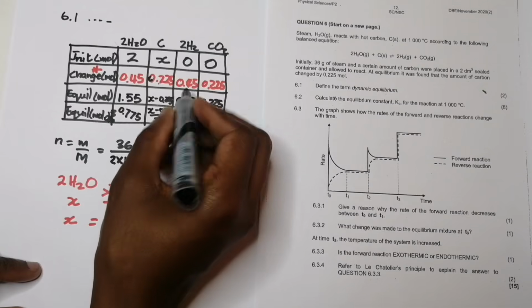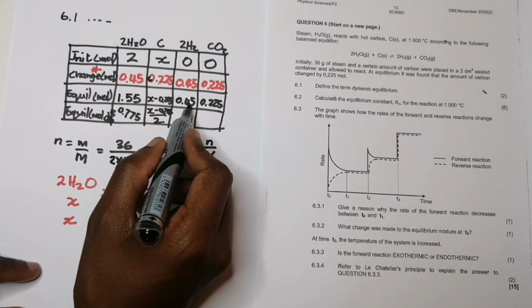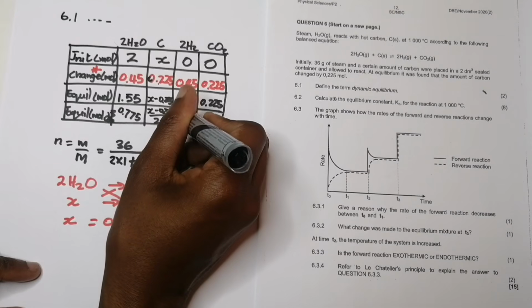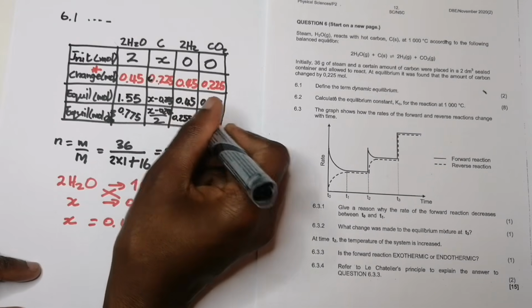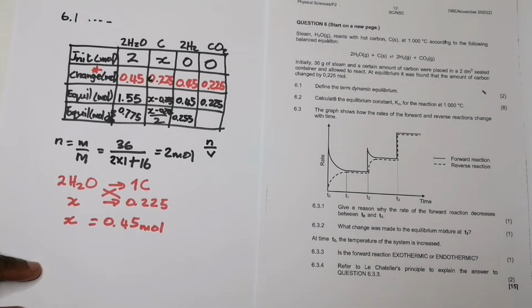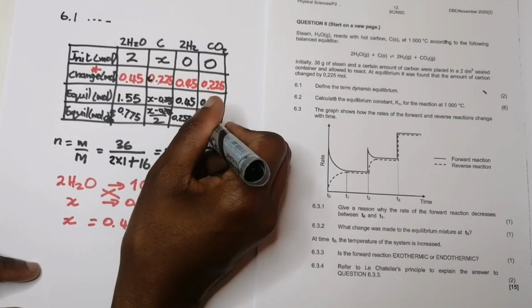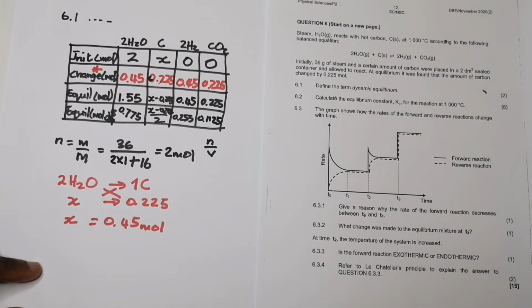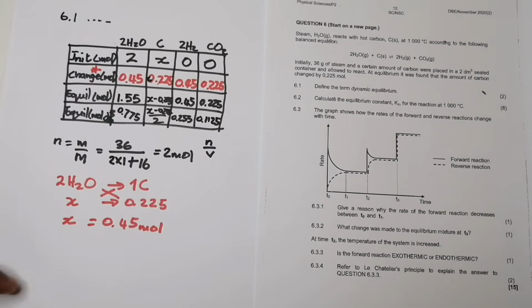And what about here? 0.45 divided by 2, you get 0.225. And 0.225 divided by 2, and that would be the last one there. That's 0.1125. Okay, so those are the amounts that we would have at equilibrium. Sorry that I made my table a little bit smaller, and it's affecting how it looks.